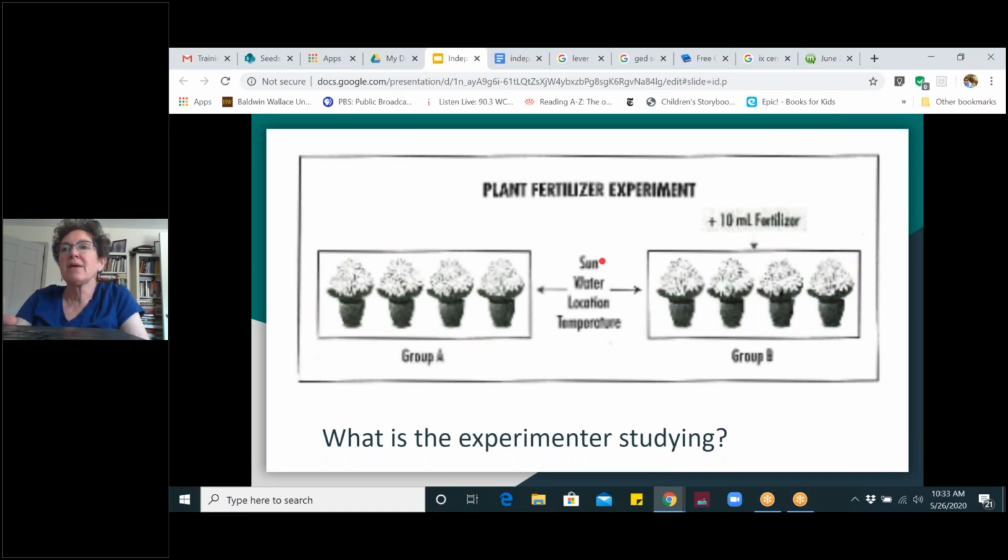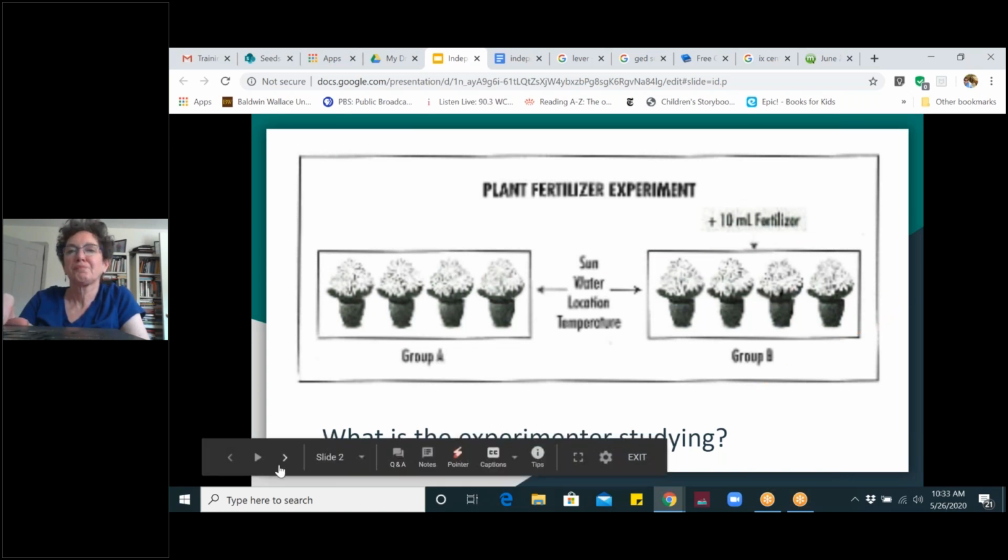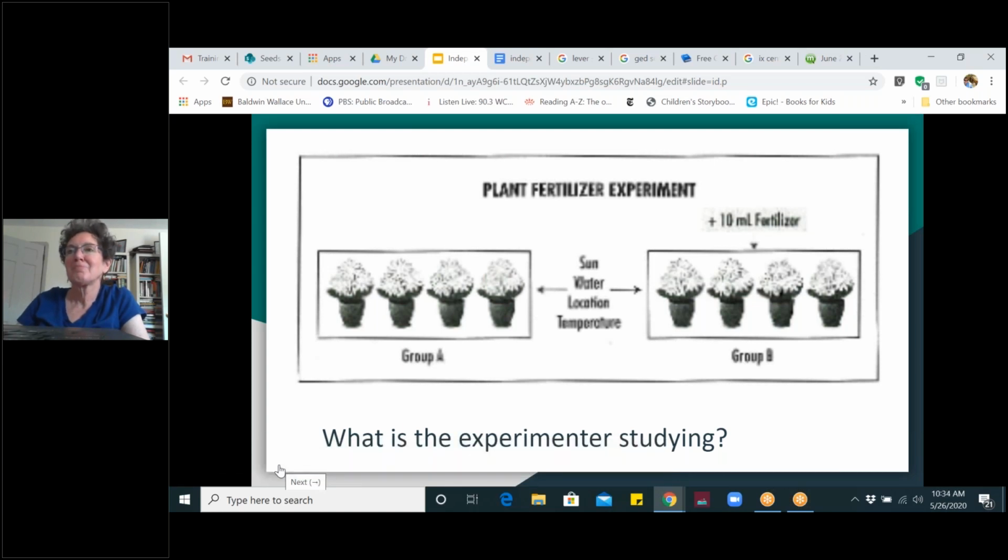It had the same amount of sun, the same amount of water, the same location, the same temperature. The one thing it didn't have was the independent variable, the fertilizer. Okay, so I get it. The independent variable is the fertilizer. It's the factor that's being tested on the experimental group, compared to the control group.